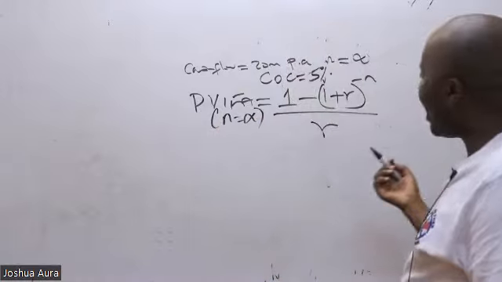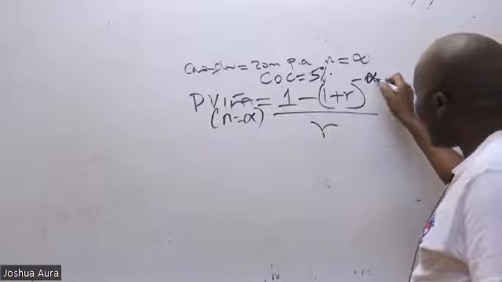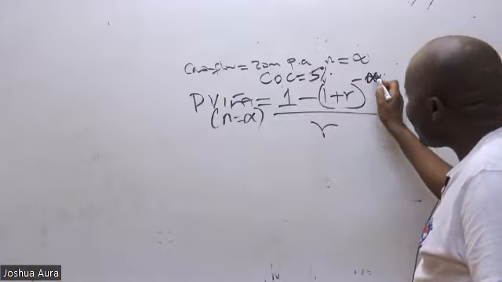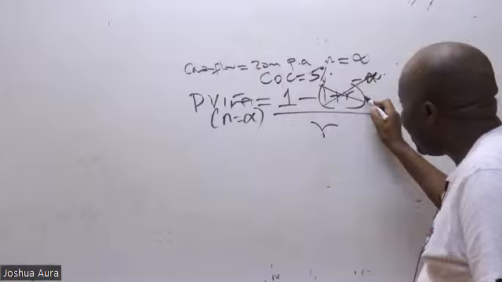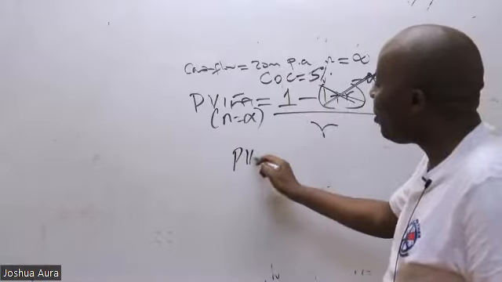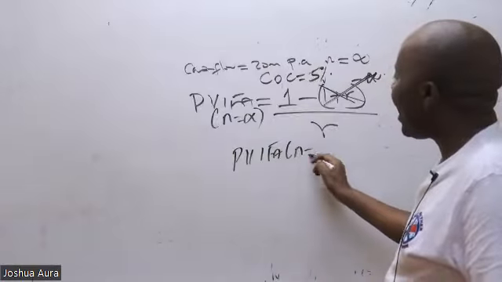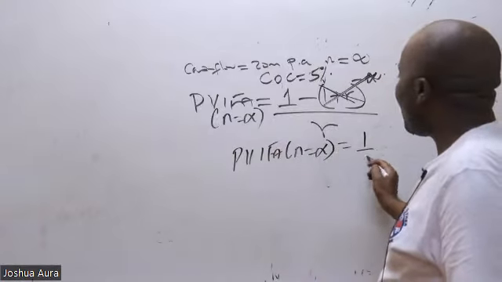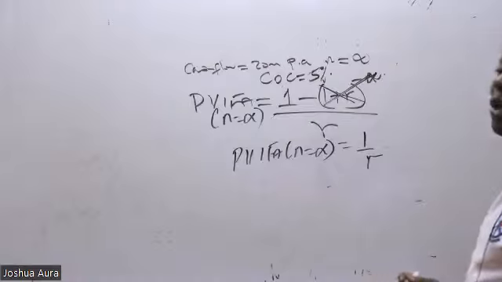If n is infinity, then this particular term will be killed. And that is why the formula of PV, whenever n is infinity, is always 1 over R.